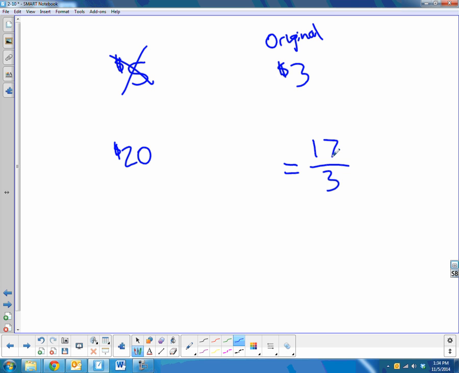So 17 divided by 3, we're looking at a 5.6 repeating decimal markup, which becomes a 566% markup. That's a big markup. They took the original cost and marked up that price 566%. They're making 566% on every single DVD that they sell.